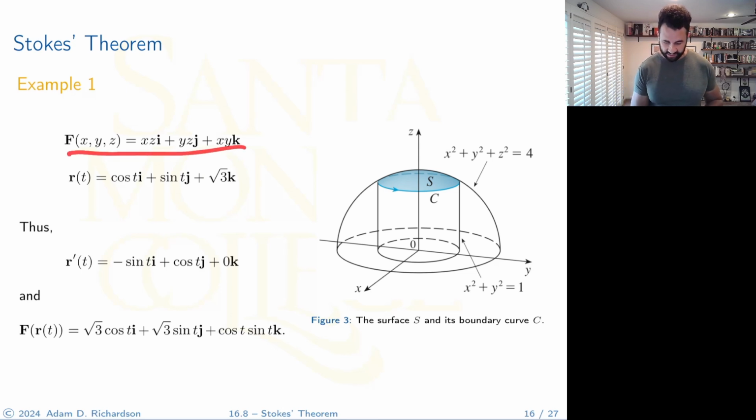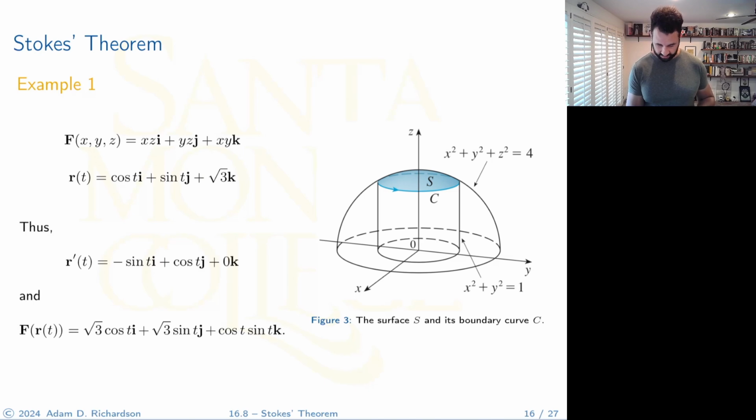So just a reminder, this is our vector field F. This is the vector function for that space curve C. And when we take the derivative, we get this. So that's the derivative of our space curve. Now we can evaluate our vector field on that curve by plugging in the x, y, and z components appropriately up here.